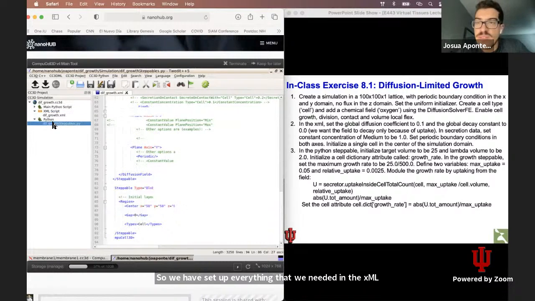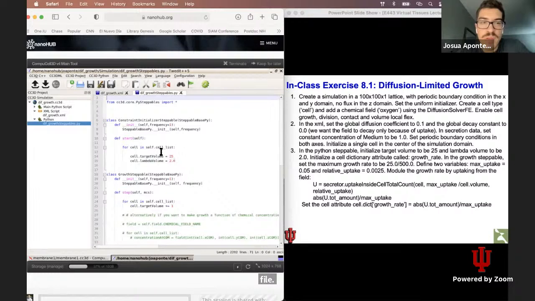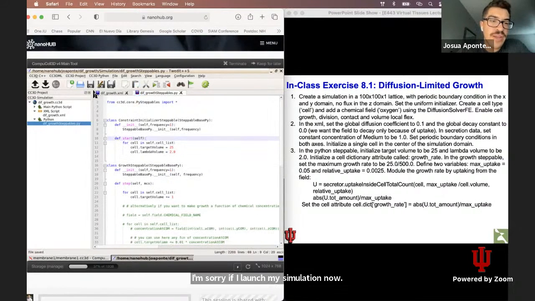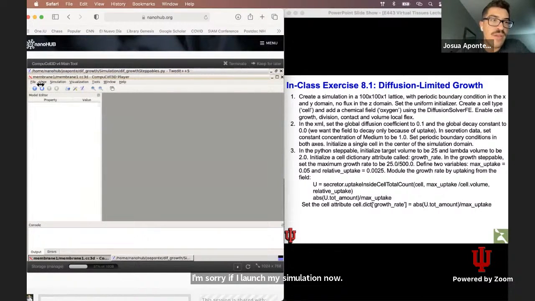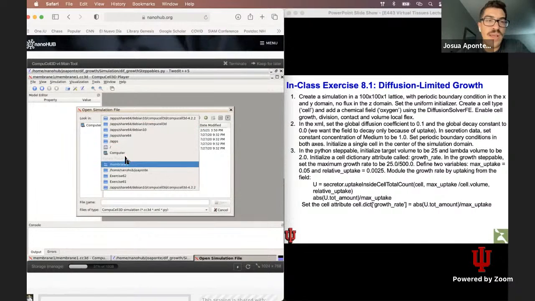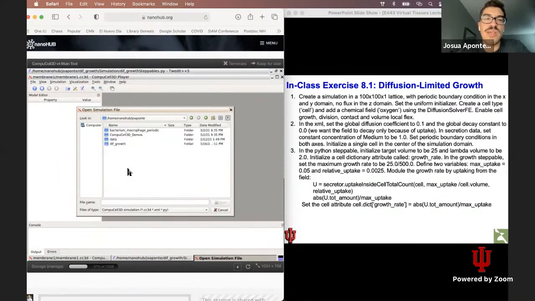Now with the Python steppable, if I launch my simulation now, what I should see is a single cell in the center of the simulation domain. And if I look at the field, I should be able to see that the field is 1 everywhere where there's medium.